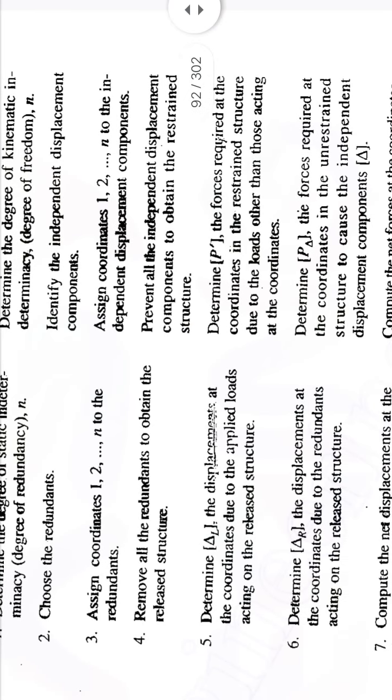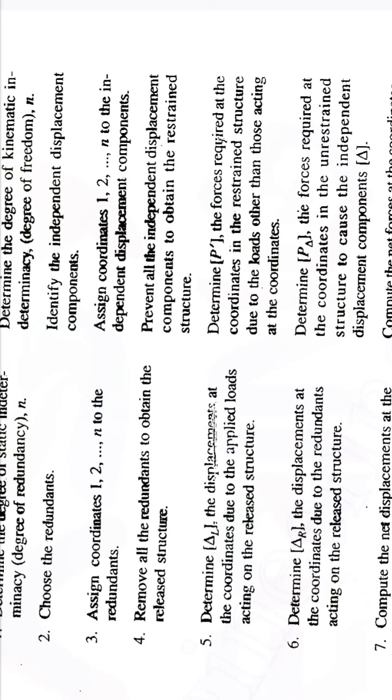Next, fifth point, determine the displacements at the coordinates due to the applied loads acting on the released structure. So using delta L we will find the displacements at the coordinates due to applied loads. That is, we will take the conjugate beam concept and find the values, that is the M by EI formula. Just now we have seen the tabular form for the cantilever, simply supported and fixed beams.